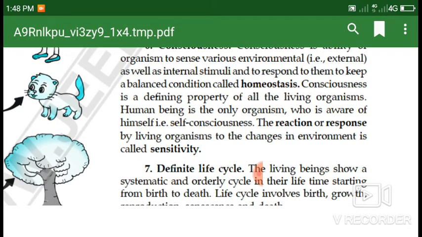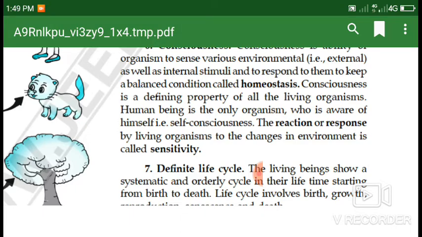Human beings are the only organisms who are aware of themselves. They are conscious of what they have been doing and what they have to do.